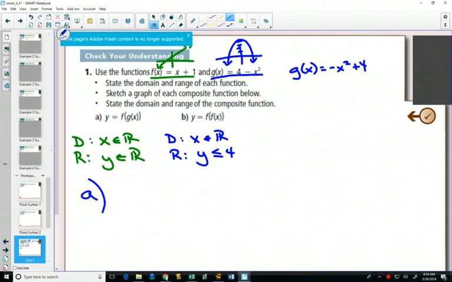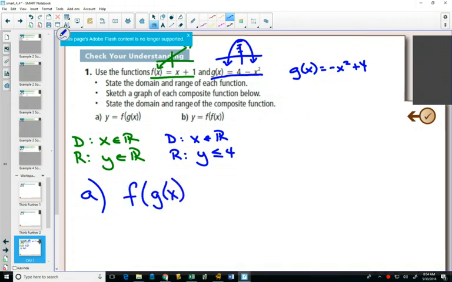However, if we take the equations, if we take those two machines, those two functions, and we do g of x first, and then plug g of x into f of x, and simplify, we might come up with an equation of a graph that we know what it looks like. So what does f of g of x look like?